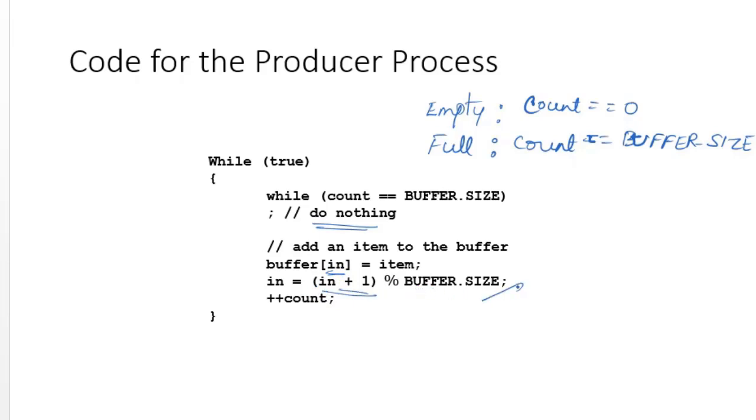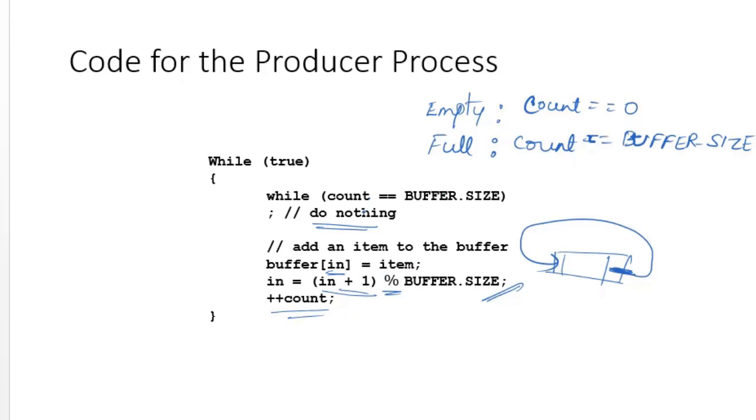We have a wrap around queue here, a circular queue, because the size of the queue or the buffer is limited. When you reach the maximum size, you go back to the first position of the queue. To achieve this, we are using the modulus operator here, and whenever you push an item into the buffer, you increment the count value by 1.